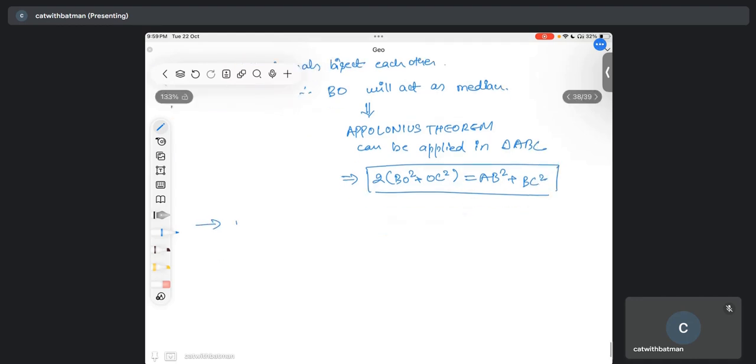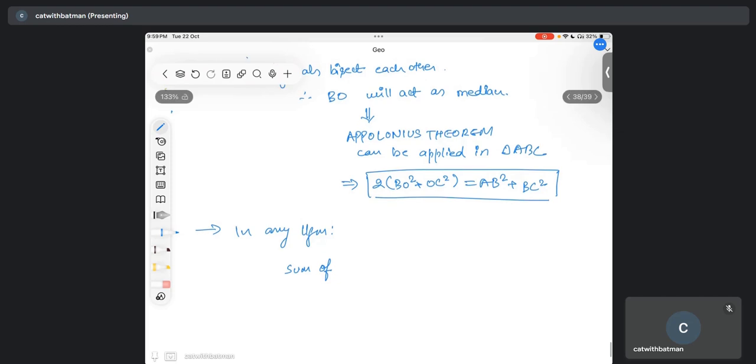Another property. In any parallelogram, very important point, the sum of squares of diagonals is equal to the sum of squares of all four sides.